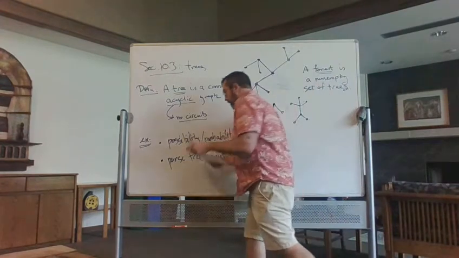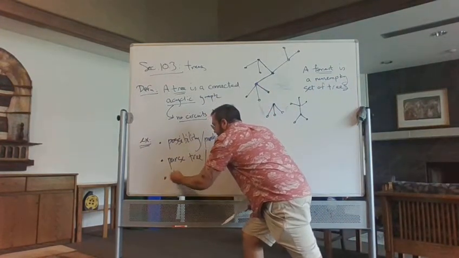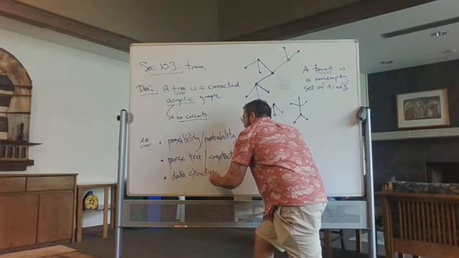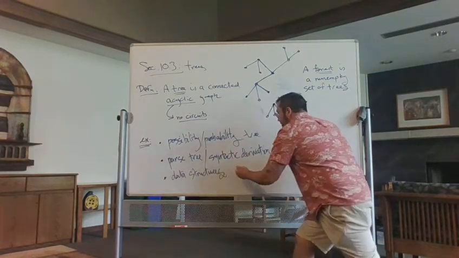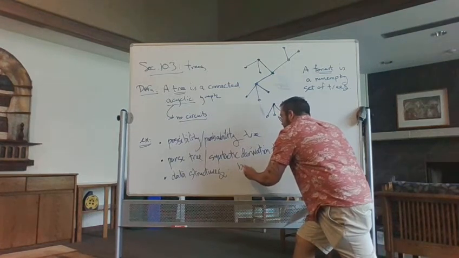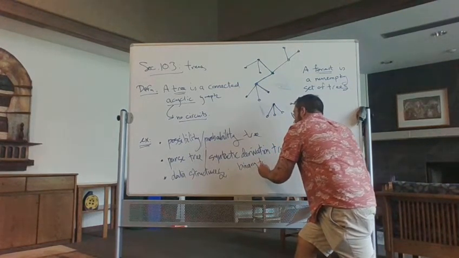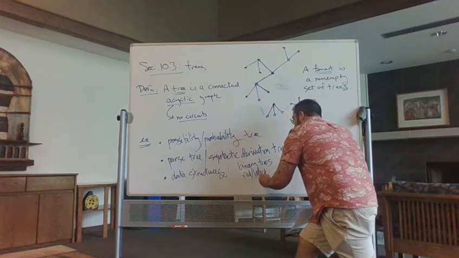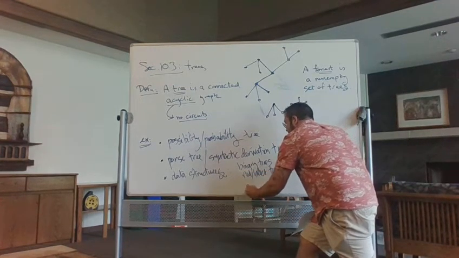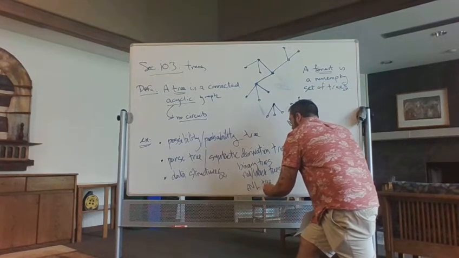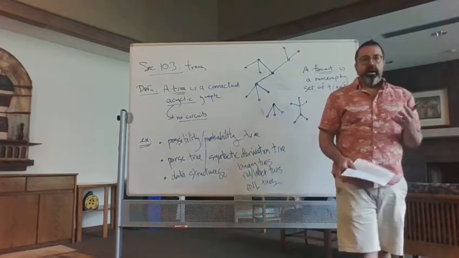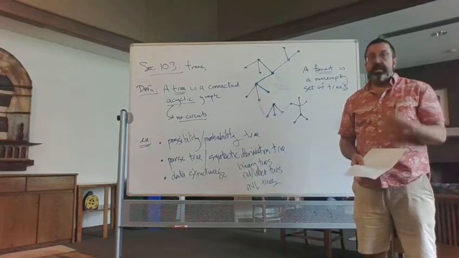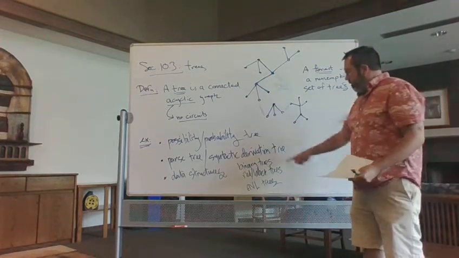And another example I want to include here is various data structures. If you've taken a data structures class, you have things like binary trees, red-black trees, AVL trees, which are all examples of data structures where you can store information in some way that makes it easy to access, easy to search, etc., with various criteria.